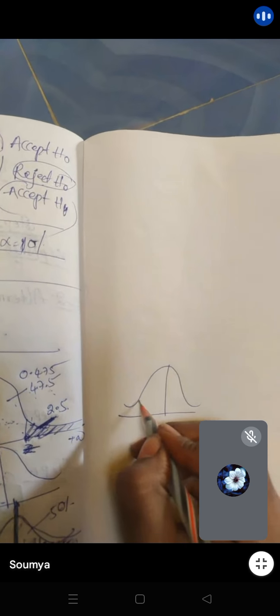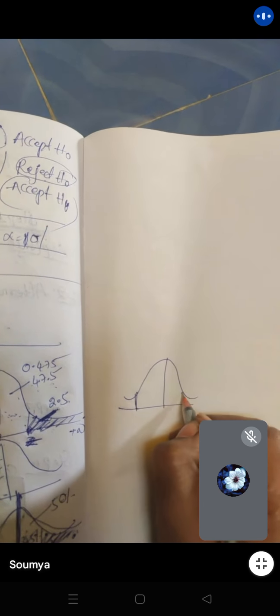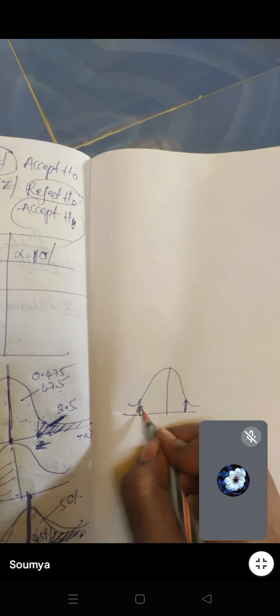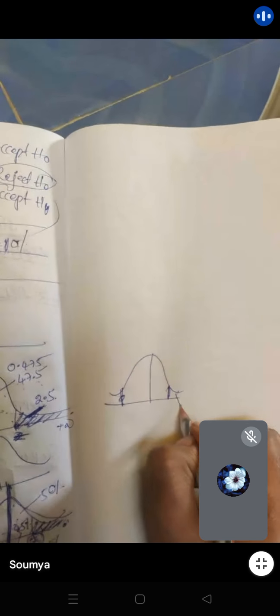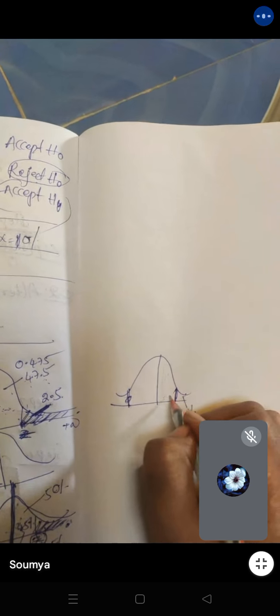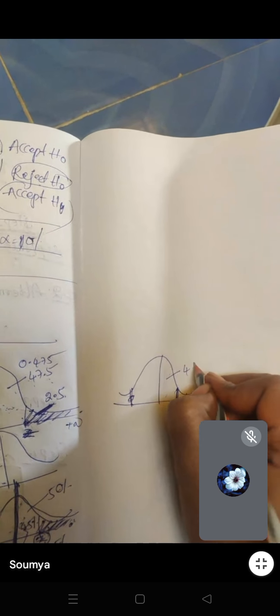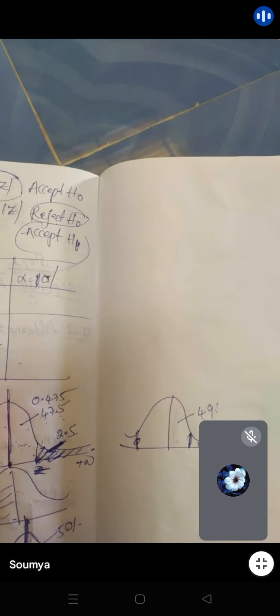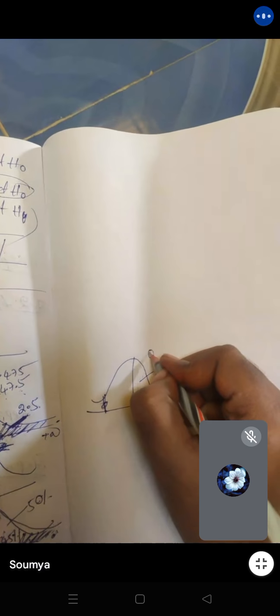How am I going for 1%? Alpha is 1%, right? For right tail this is 1%, the remaining will be 49. Now look at the table and tell me what is the value of this one. 49% means 0.49.